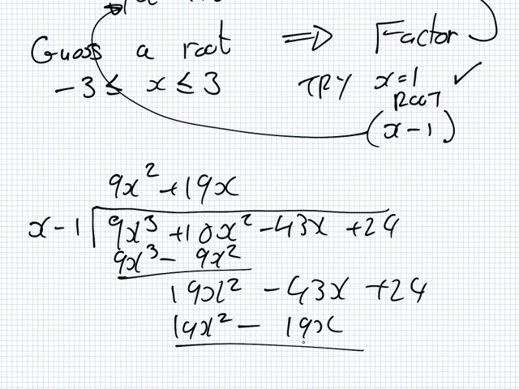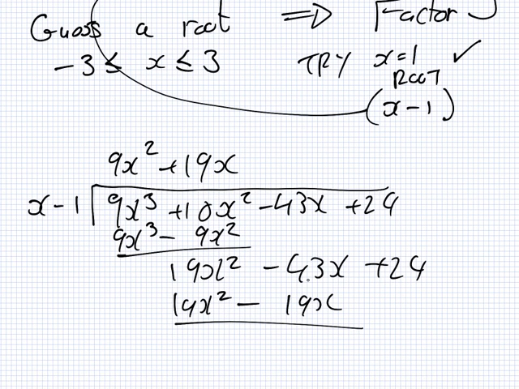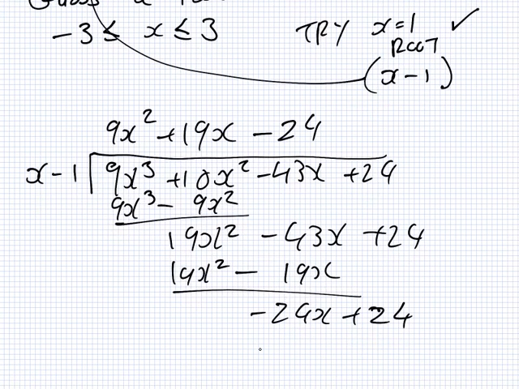I subtract, and what am I left with here? No, something went wrong here, I feel. No, minus 24x plus 24. So finally is minus 24, and I have minus 24x plus 24. Remainder is 0.